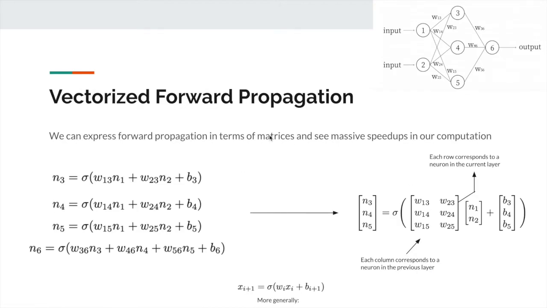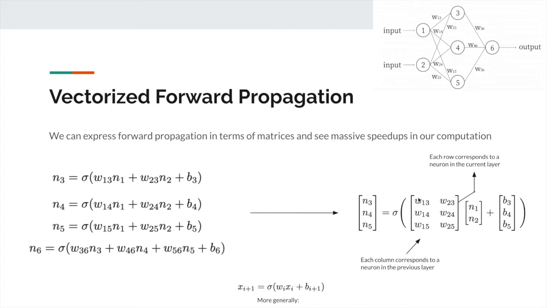So now that we know matrix multiplication, we can actually express our forward propagation steps in terms of matrices, right? If we collect all of the weights in our neural network for this layer as follows, where each column represents a neuron in the previous layer, and each row represents a neuron in the current layer, then we can just multiply the outputs of the previous layer with our weight matrices, add the biases to this resulting product, and then push it through our sigmoid function, so this is basically an element-wise sigmoid.